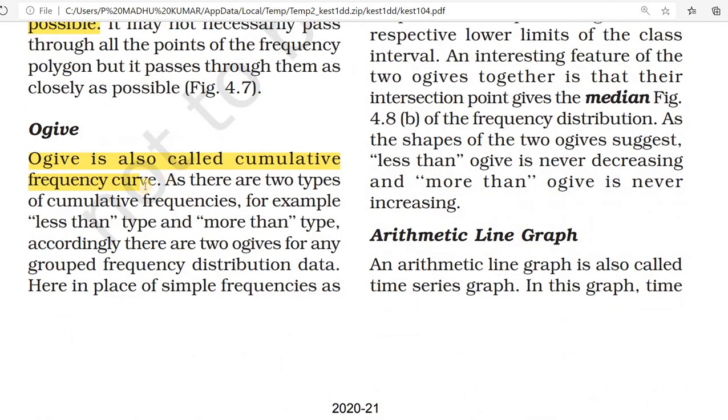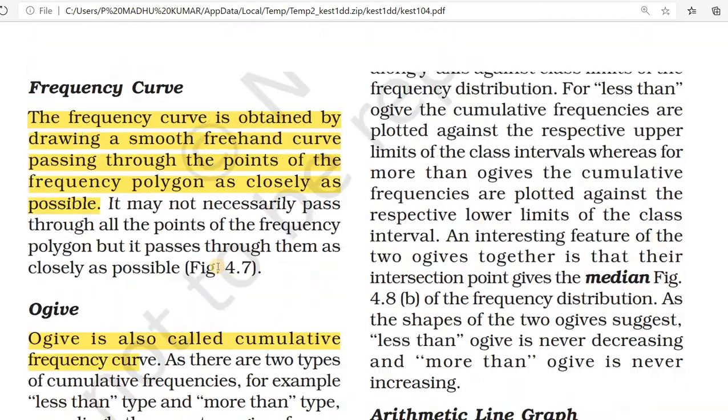Then there are two types of cumulative frequency, less than type and more than type, which we studied already. Accordingly, there are two ogives for any grouped frequency distribution.